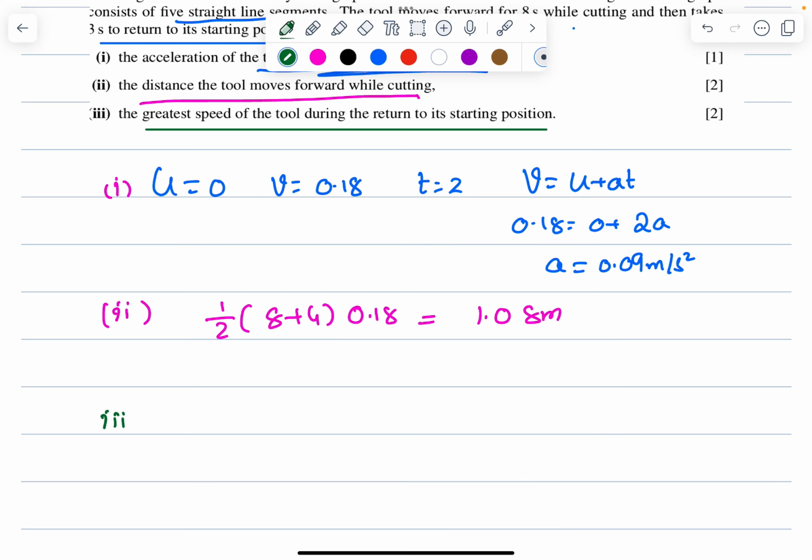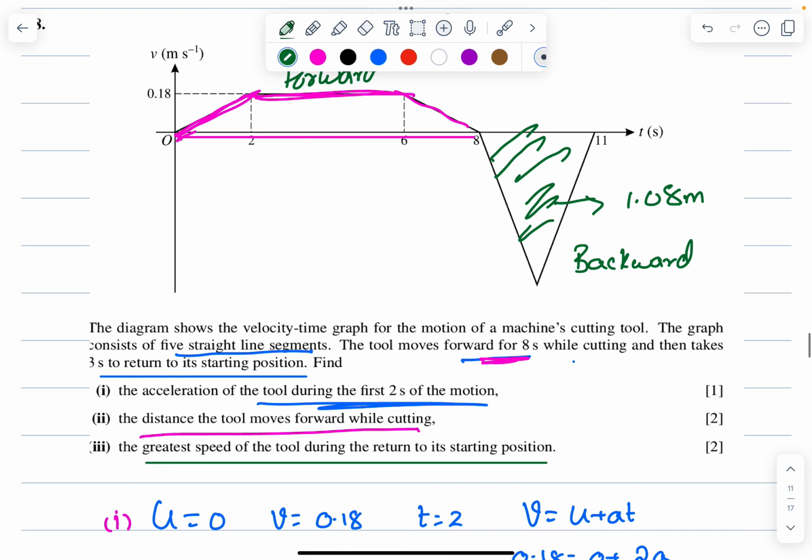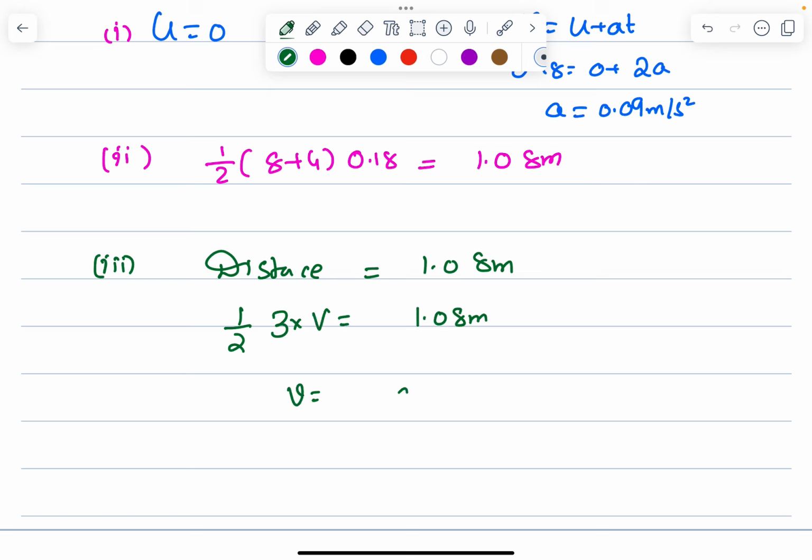For the third part, the distance is the same 1.08 meters. So it's the area of a triangle. Half times base. Base is how many seconds? 3 seconds, and the height is the maximum velocity v. So 1.08 equals half times 3 times v, which gives me v equals 0.72 meters per second.